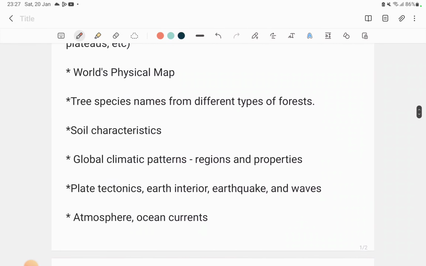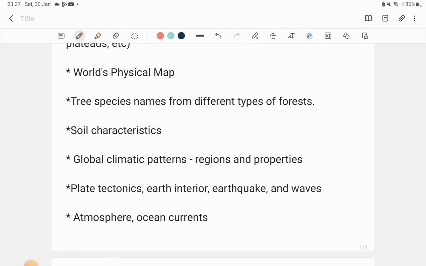Now, global climatic patterns. You would find mention of the tropical rainforest in NCERTs also. But I would suggest for this particular topic, you can refer to the Goh Cheng Leong book. In the second portion of that book, you would find more than 10 global climatic patterns, steppe or continental, or China type, Gulf type, or savanna type. There are a lot of types of climatic patterns or vegetations.